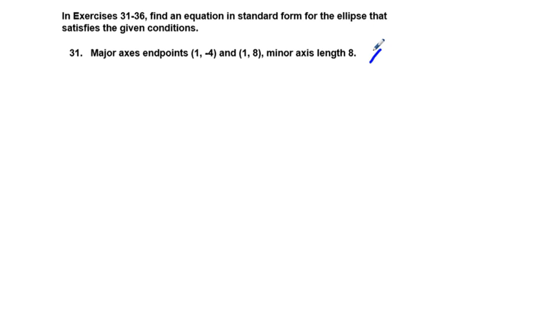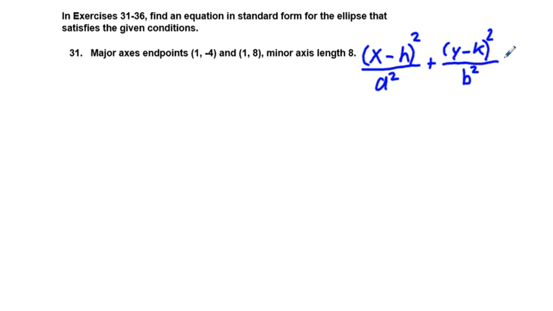That's going to be quantity x minus h squared over a squared, plus quantity y minus k squared over b squared, equals 1.